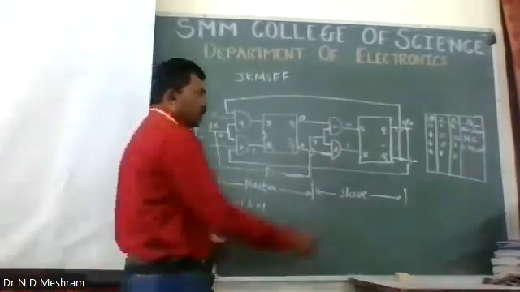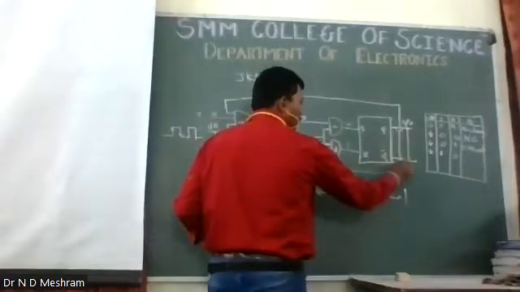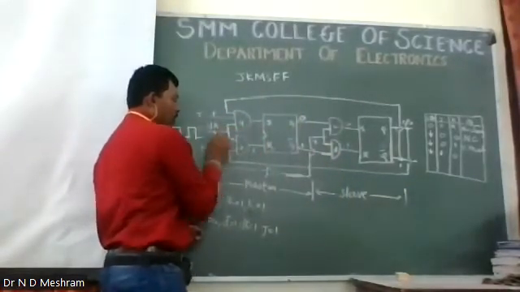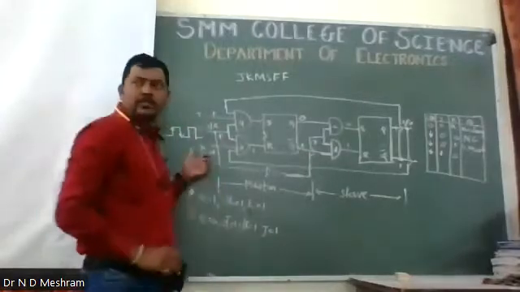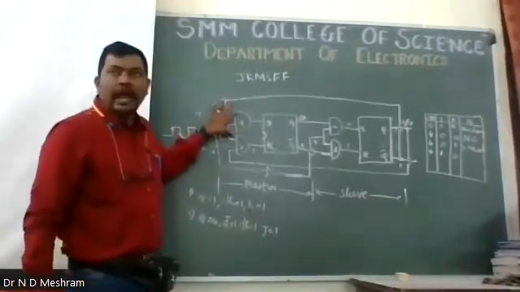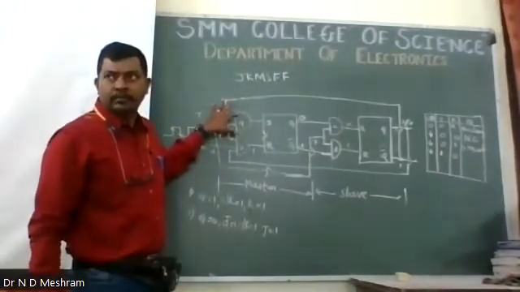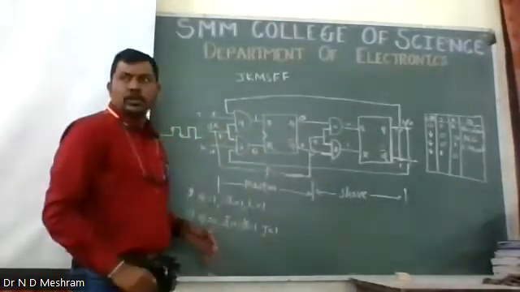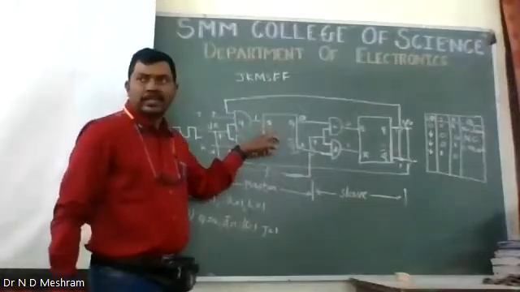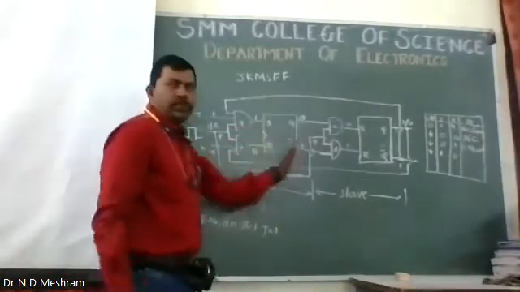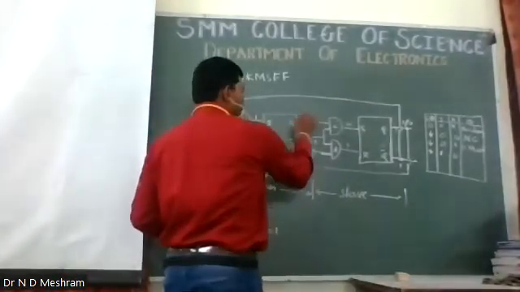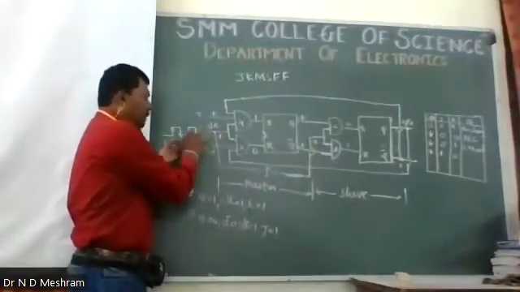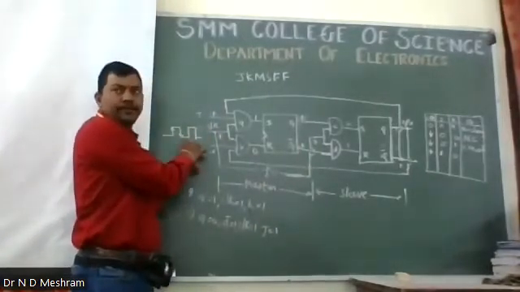So if this is the situation, Q bar equal to 1, J equal to 1 and clock also equal to 1, K equal to 0, then AND gate A is going to be enabled, right? And the output of the AND gate will become 1, this will become 0. So the input is given to the set terminal. So the output of the first flip-flop will switch to 1. So it will remain set as long as this clock is high.